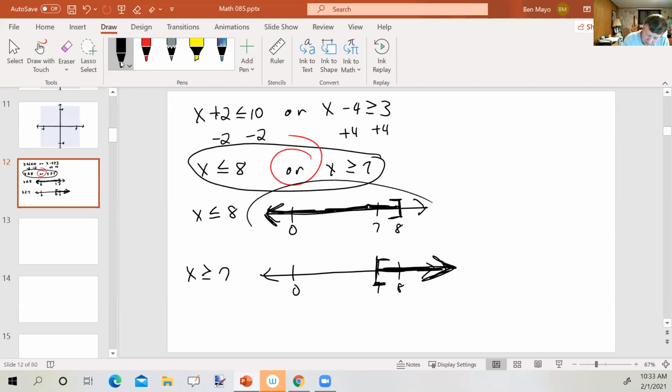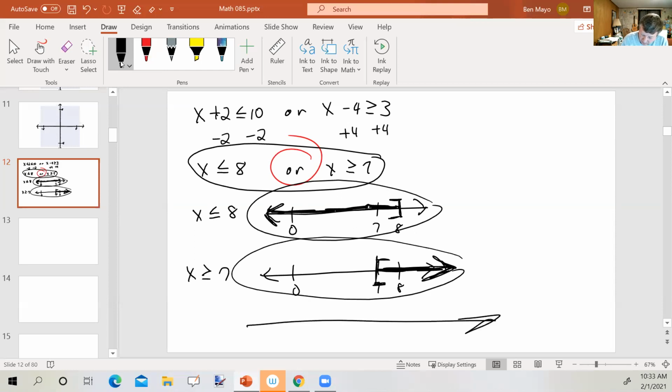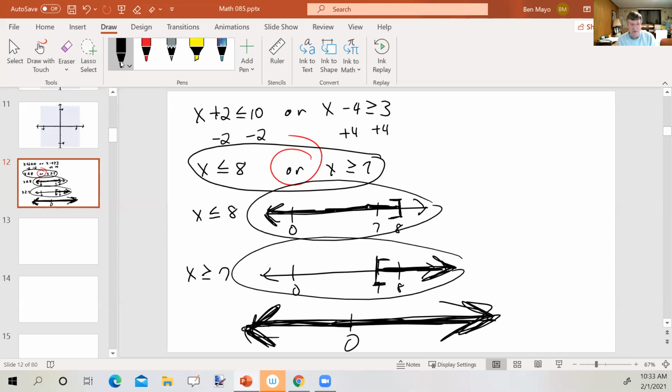If we take all of this along with all of that, we get all real numbers. So the graph would be a solid line over the entire thing. Now, the interval notation would be negative infinity to positive infinity.